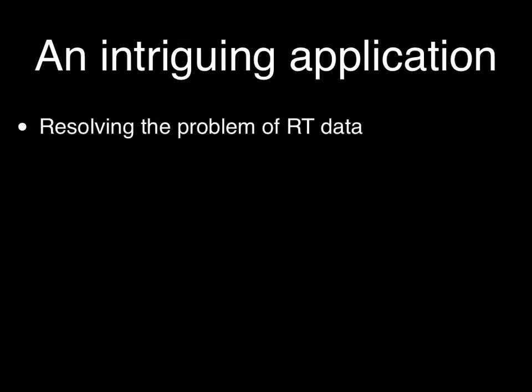So this idea of generalized additive mixed effects modeling leads me to an intriguing application that I'm currently exploring, which is resolving the problem of reaction time data. Reaction time is used very widely in cognitive science. Unfortunately, most of the stats, including mixed effects modeling as I've described thus far, assume that the reaction time distribution has a Gaussian distribution of error.